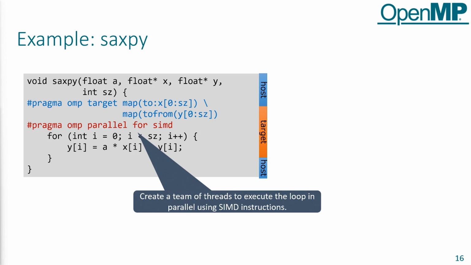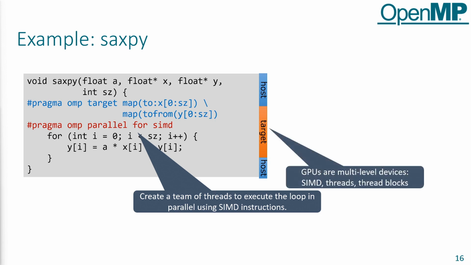Now the problem is that GPUs are actually multi-level devices. Some hardware vendors put in SIMD units. For instance, AMD's GPUs are organized in wavefronts, and inside that wavefront, you actually see a SIMD unit executing. These SIMD units can then be combined into threads, maybe on some implementations, and those threads may be combined into thread blocks.